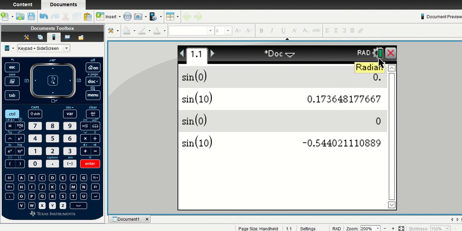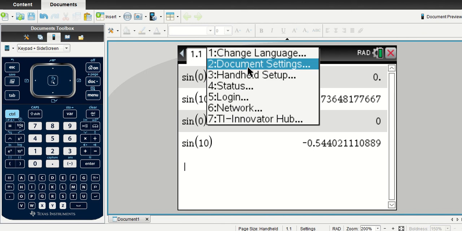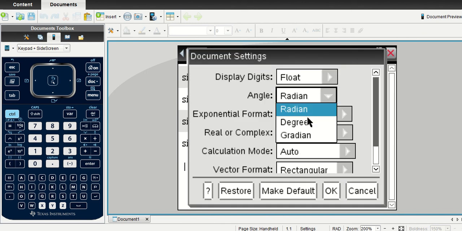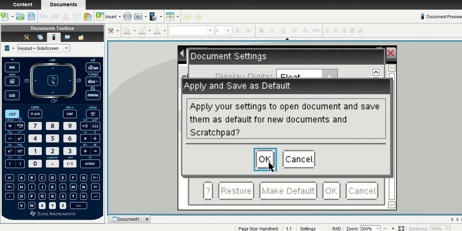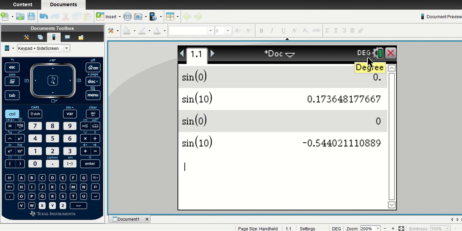Remember we talked about radians being the length of the radius, and degrees being the turn, like how many slices out of 360 you need. So these two things have totally different meanings. The sine of 10 in degrees is not the same as the sine of 10 in radians. So keep that in mind. So document settings, make sure we're in degree mode, make default. All right, so check to see that it's in degree mode. Now you know how to switch in and out.